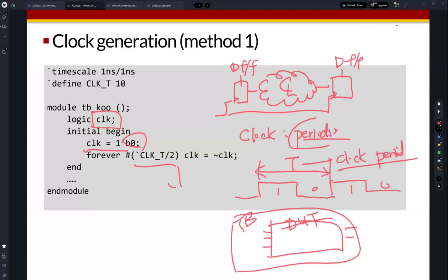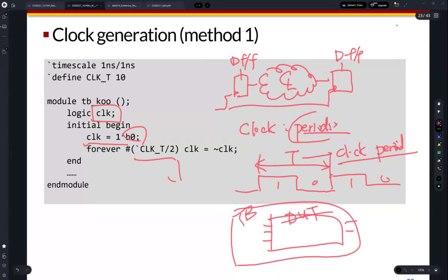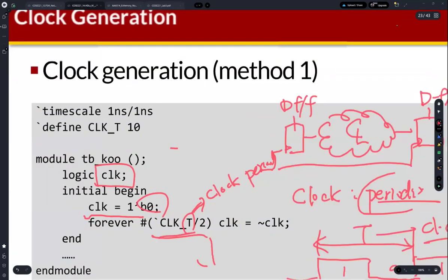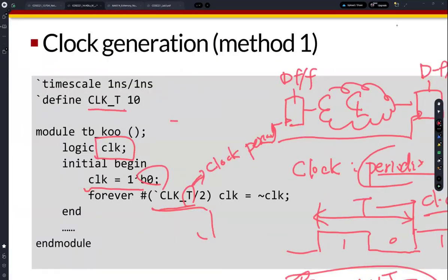I mentioned that we normally use T for representing clock period. So clock T represents the clock period. And what is clock T? Clock T is defined here. Okay, so you can find the define primitive here. Actually, it's the same as the define primitive in C, right?